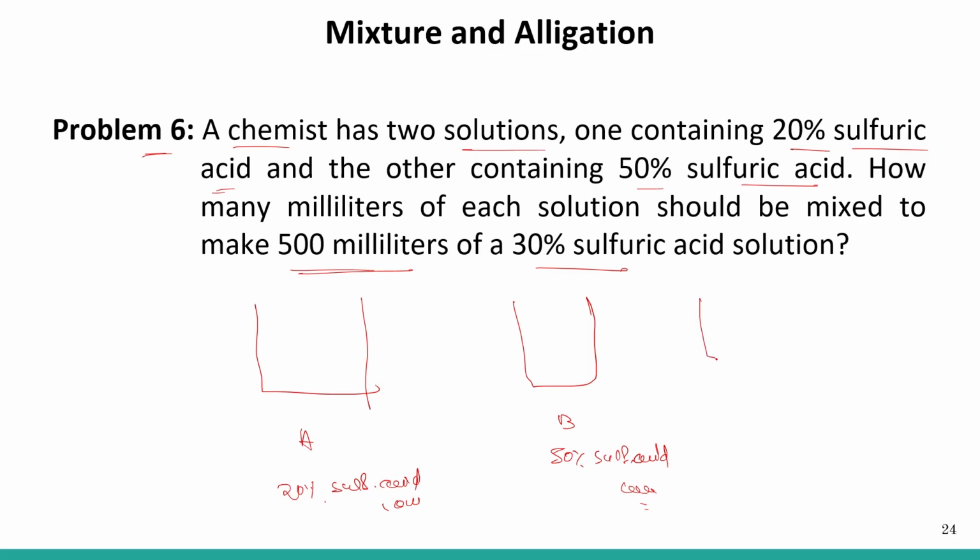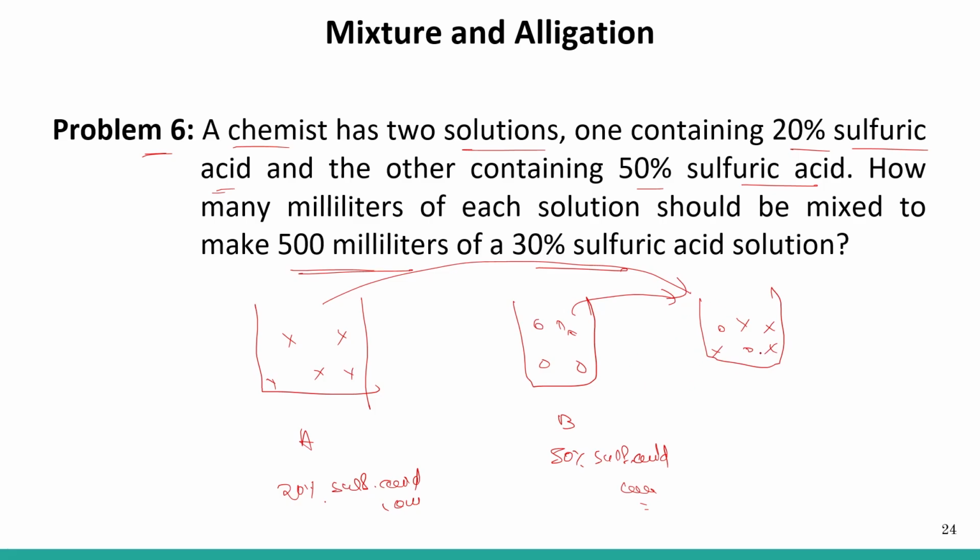Okay, so you have another jar, and what you want is to get some from here and some from here and add it to here. Okay, let's denote this 20% as crosses, X, and this 50% solution with circles. Okay, so what you will be having here is circles and crosses.